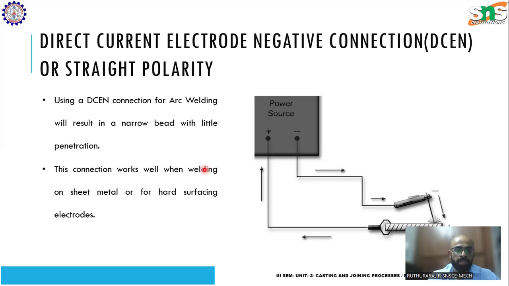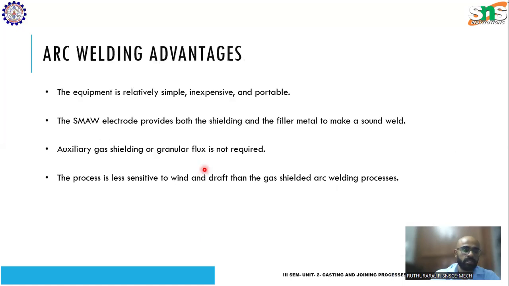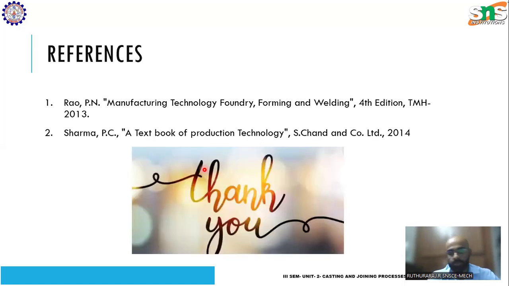Both applications are used depending upon the type of current needed and the type of penetration needed. If higher penetration is needed, you can go for reverse polarity. If lower penetration is sufficient and high accuracy is needed, then you can go for forward polarity. So that is regarding the arc welding process. I hope you understood this arc welding process. Thank you, students.